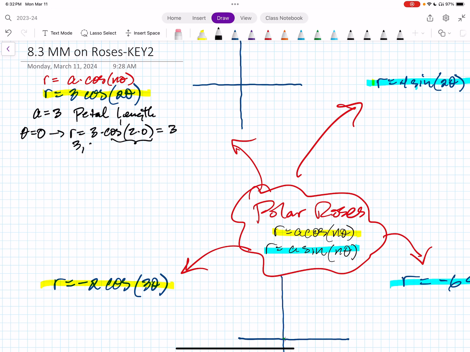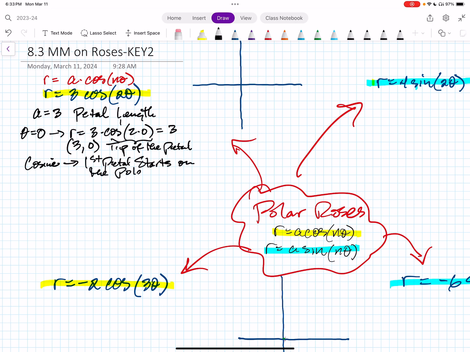That tells me that (3, 0) is on the graph, it's on this rose, and that gives me the tip of the petal. I know a equals 3 is the petal length, and now I know where it starts. With cosine, the first petal always starts on the polar axis.